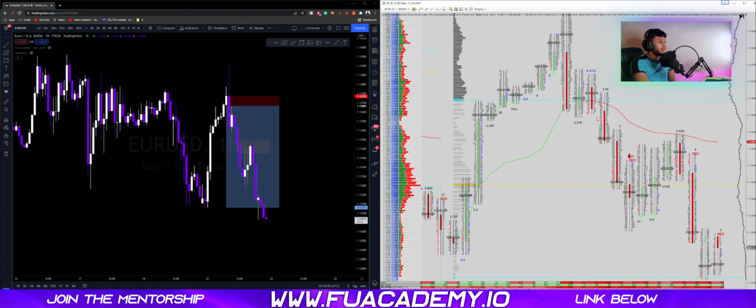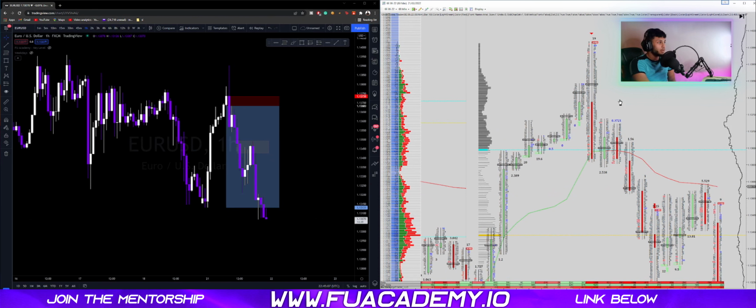Did I need the order flow footprints right here? I didn't need them, but here's the thing. The added confluence and the added confidence that this gave me in the trade was incredible, because I am able to understand the behavior that's occurring within these candles.